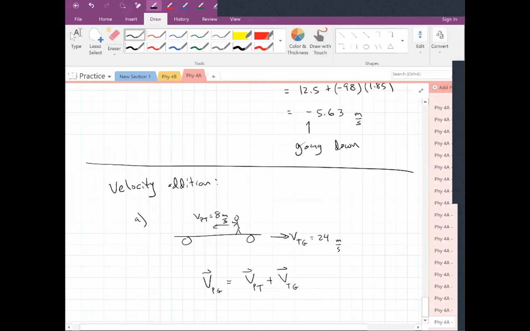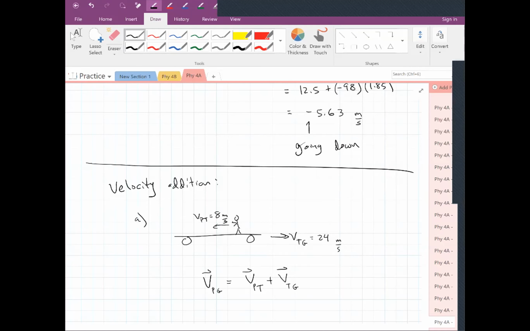It's a vector addition problem. In this case, the vectors are all horizontal, so it makes it much easier to add them. We'll start with this and then move to two-dimensional cases.